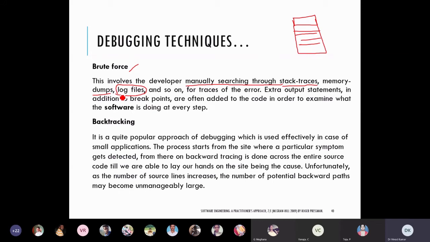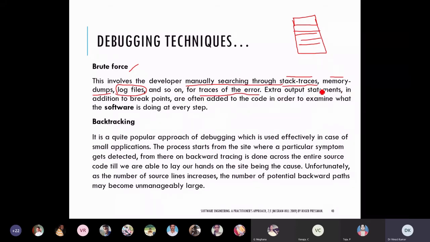From the log file also we can find out the error, when it happened, and the reason behind it. So we can go through these locations for the traces. If we find the traces of error, then after identifying, we can put in the effort to correct it.